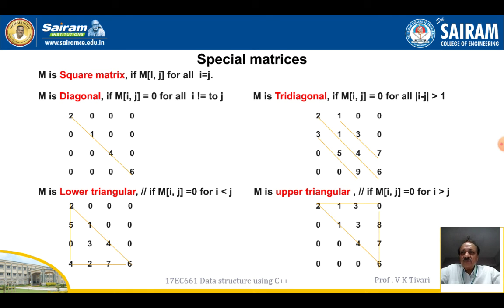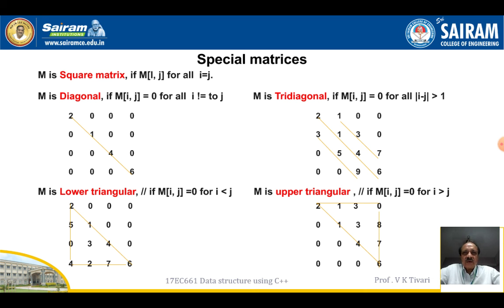matrix, where below the diagonal all the elements have values, whereas above the diagonal all elements are 0. This condition can be written as M(i,j) equal to 0 for all i less than j.